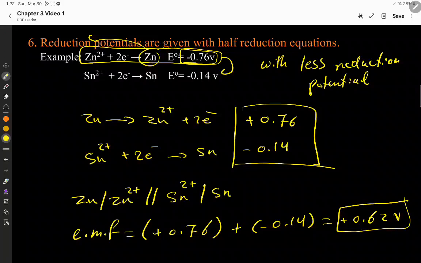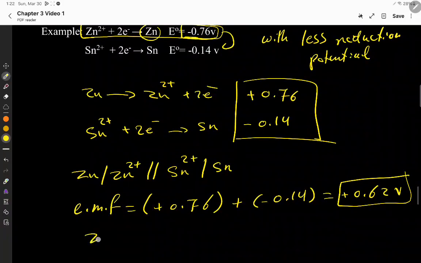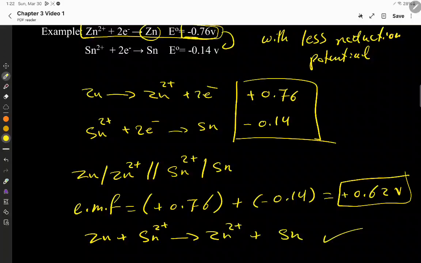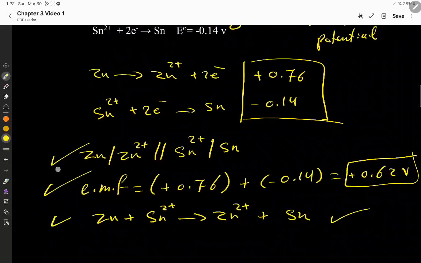So it is galvanic, and this is the electromotive force of the cell. If it asks you about the overall reaction, the overall reaction is zinc plus Sn2+, arrow, Zn2+ plus Sn. This is the overall reaction. This is the cell diagram notation. This is the electromotive force. This is the overall reaction.